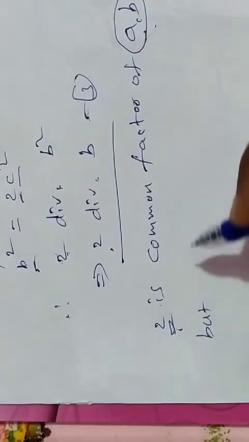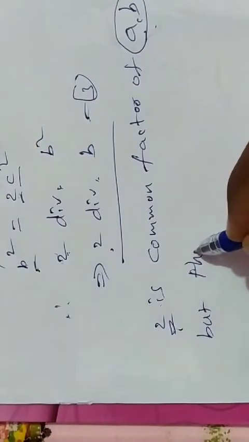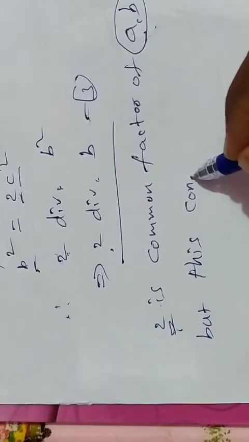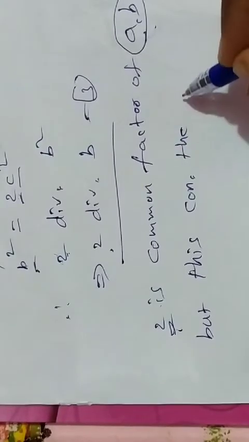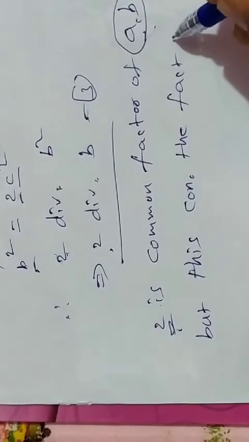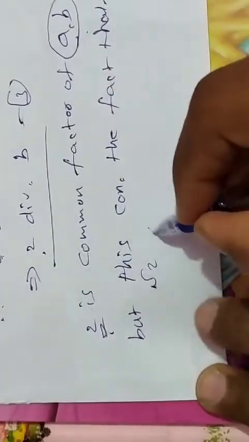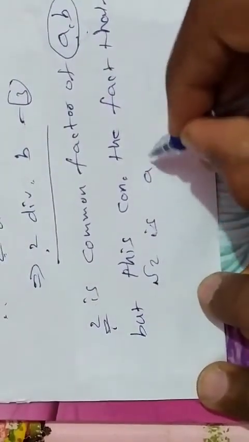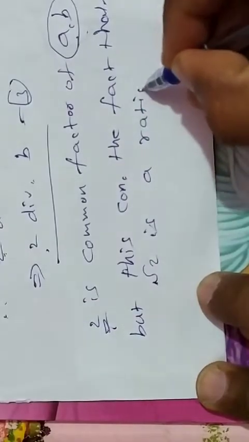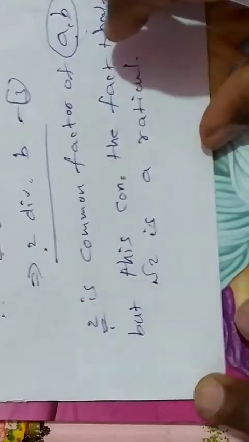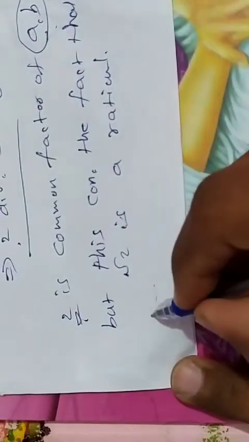But this contradicts the fact that a and b are co-primes. So our assumption is wrong.